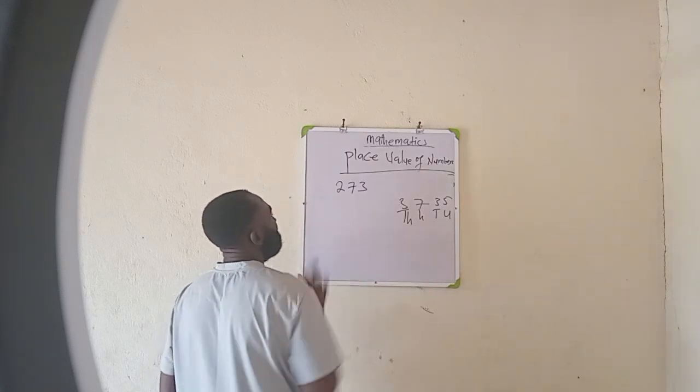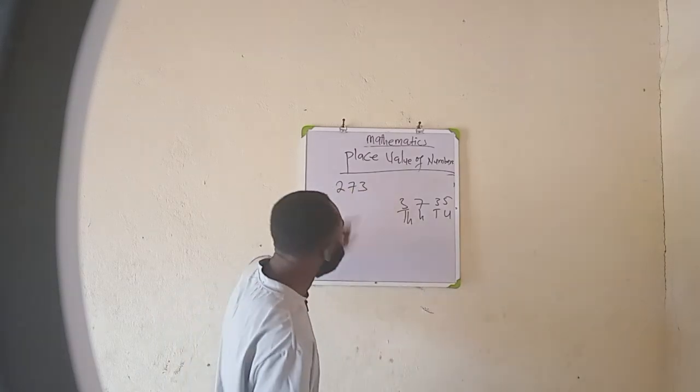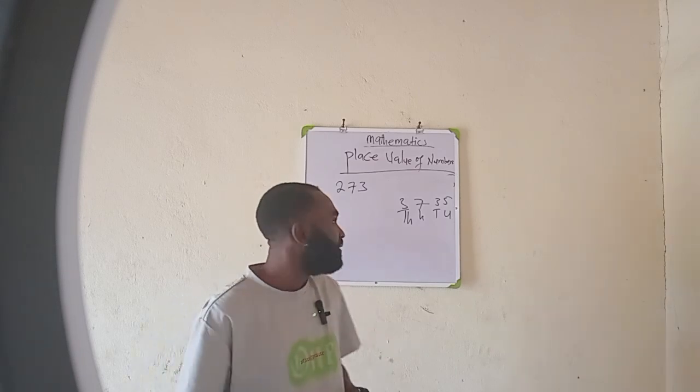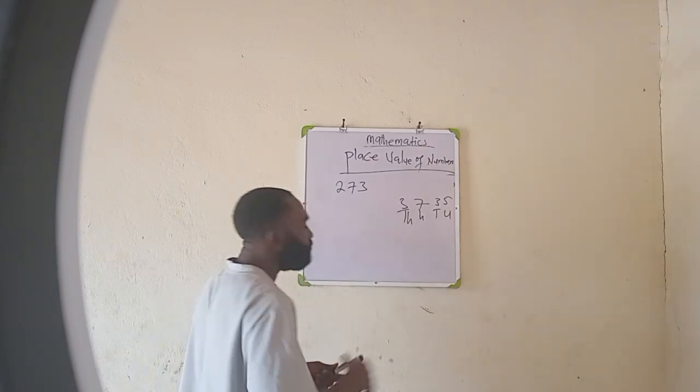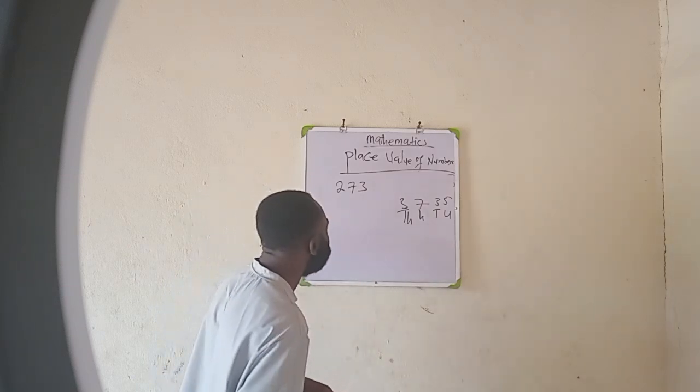So in this number here, if you are asked to find the position of 7, what you do is you start from the right hand side to the left hand side, and this is how to do it.